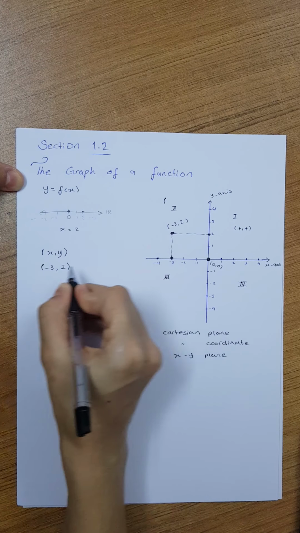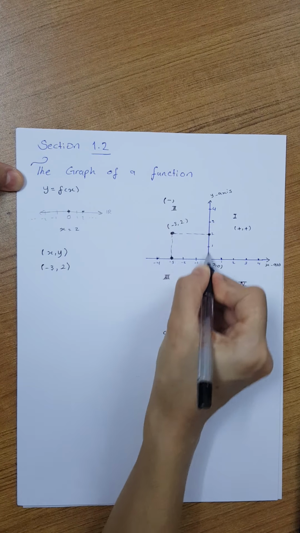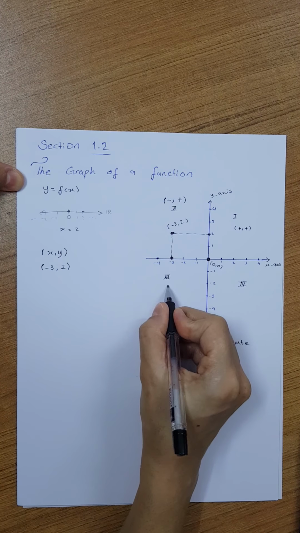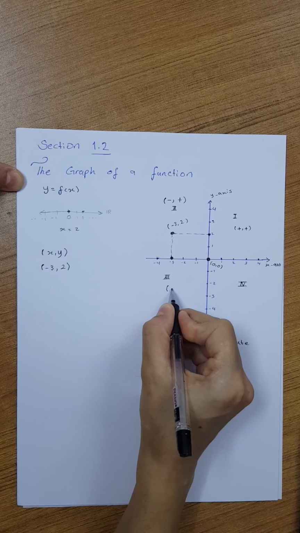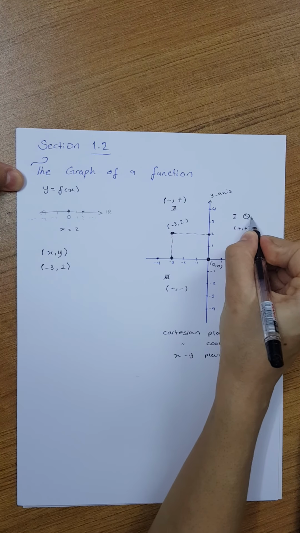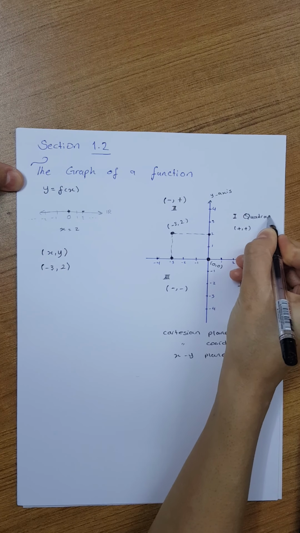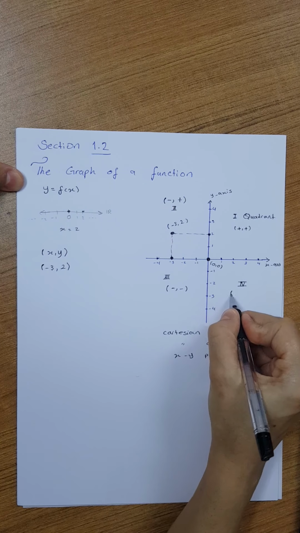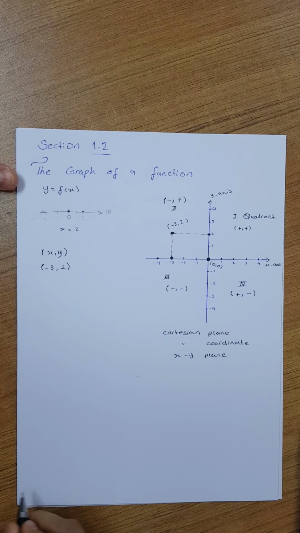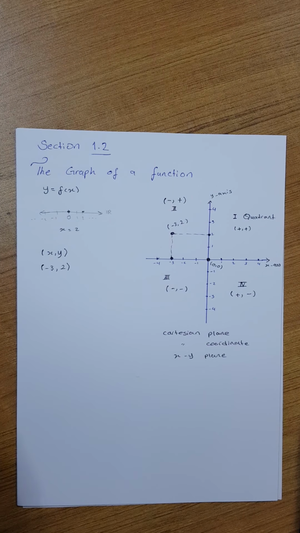In the second quadrant x is negative and y is positive. In the third quadrant both x and y are negative. In the fourth quadrant x is positive and y is negative.